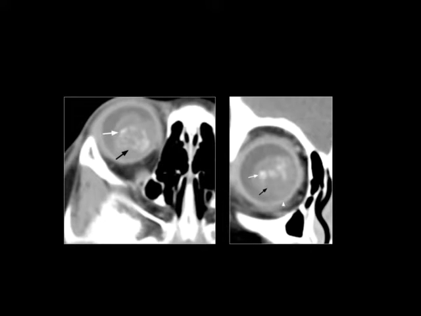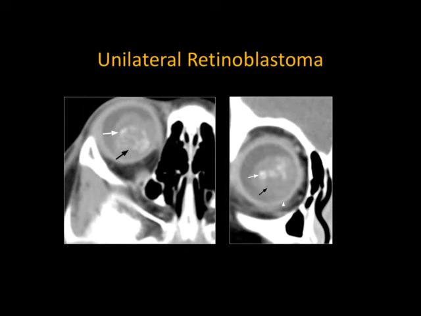Such as retinoblastoma. Yeah. So in children, the most common diagnosis would be, unless proved otherwise, retinoblastoma.